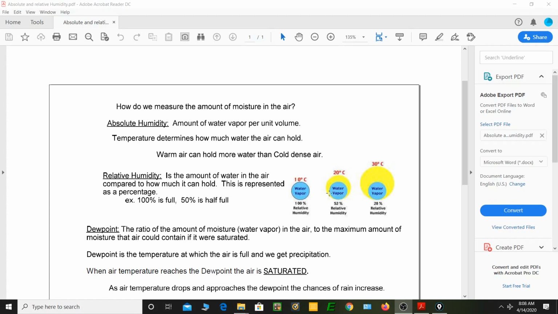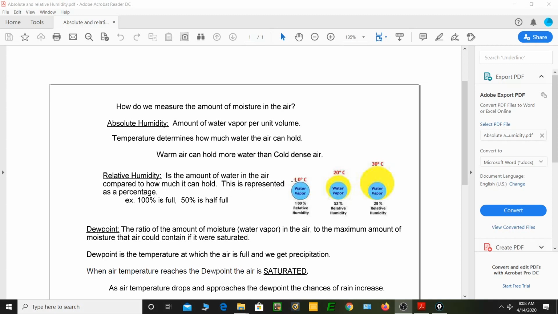So it's increasing from left to right. The container's getting bigger, but the amount of water in the air is staying the same. So the absolute humidity, the total water, is the same in all these parcels of air. However, as you go from 10 degrees up to 30 degrees, its ability to hold it increases.